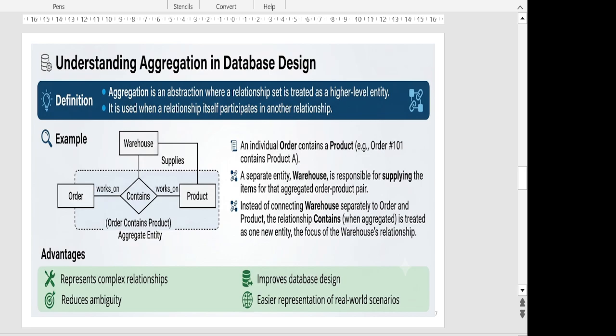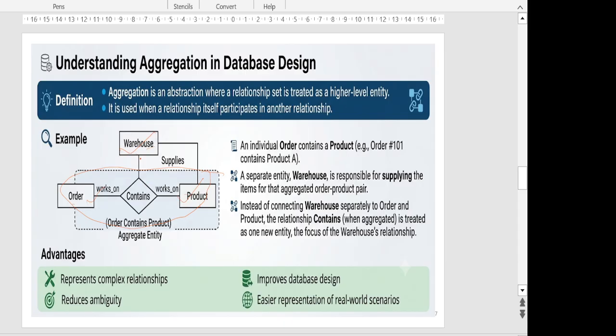Now you can see an example. What is it doing? An order contains the product, right. The warehouse is supplying the product, and at the same time it has a relationship with order and product. So what you need to understand here is that this is the aggregated entity. Why do we call it an aggregated entity?